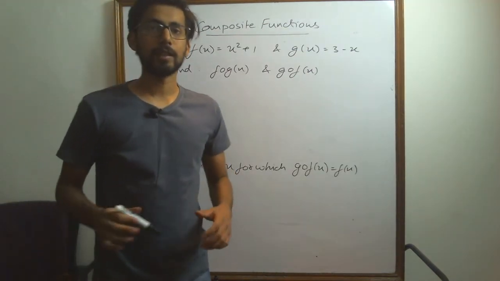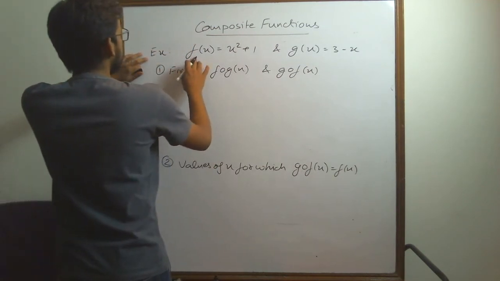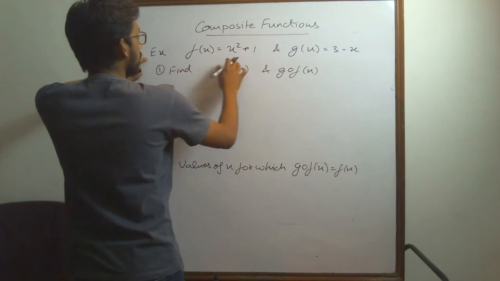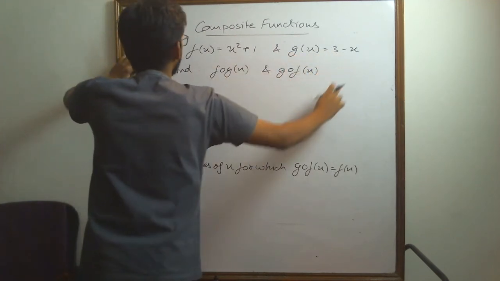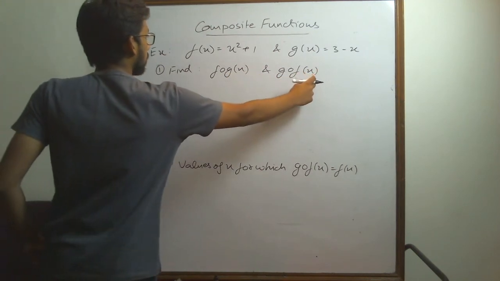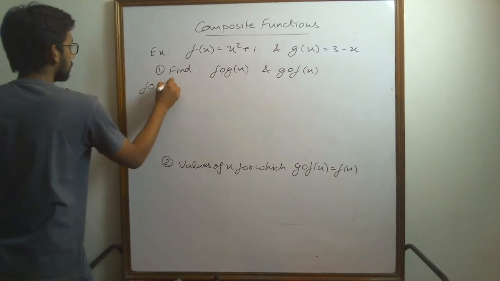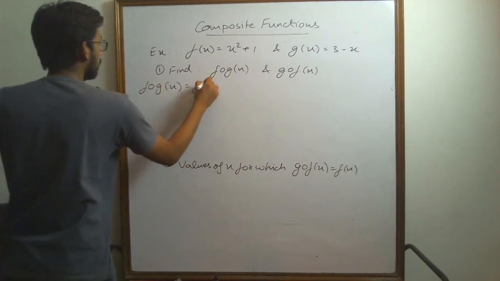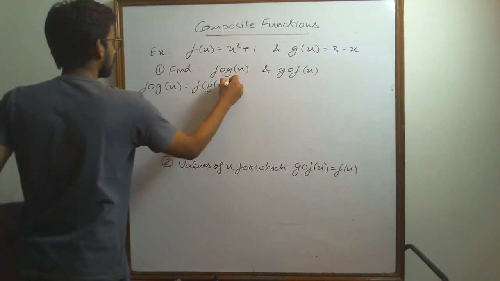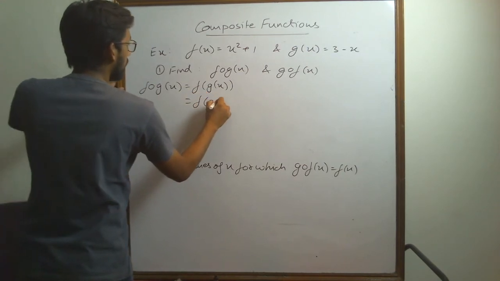Okay, so let's take an example. f of x is equal to x square plus 1 and g of x is equal to 3 minus x. Then find f of g of x and g of f of x. So first we find f of g of x. This is equal to f of g of x, so equal to f of 3 minus x.